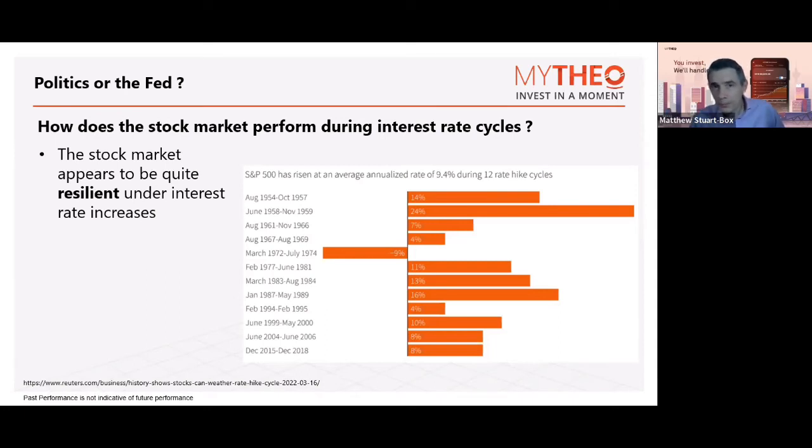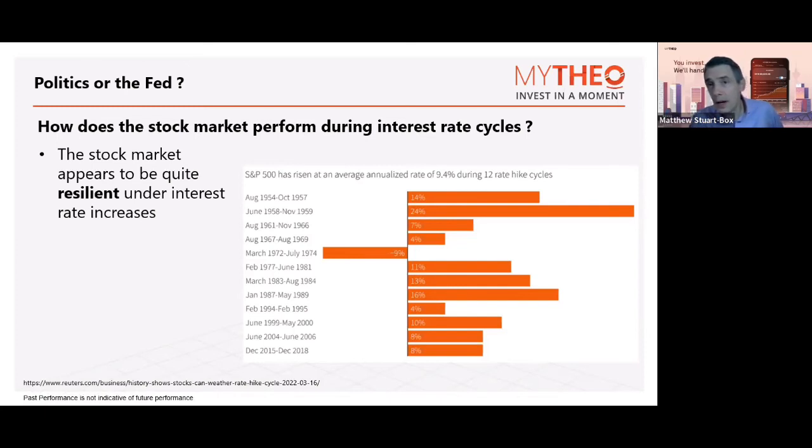If interest rates are going up because the economy is growing strongly, there's demand pull inflation, then that probably means that companies are doing well. The demand for their products is growing. In general, that's still a relatively positive environment for the stock market. But in this case here, where you've got an external oil shock, this is cost push inflation.